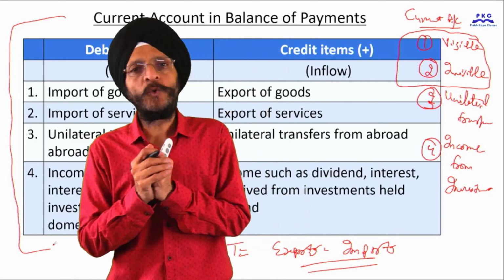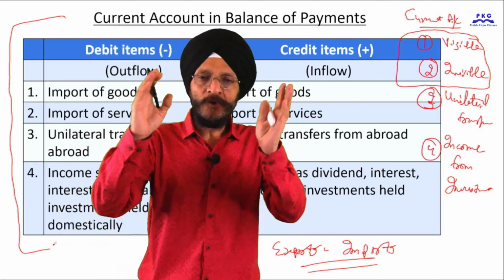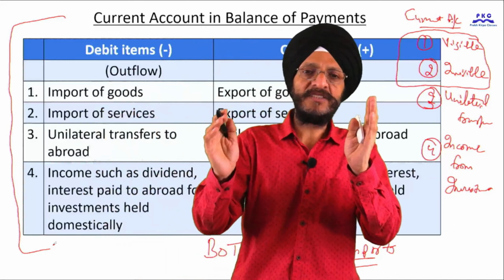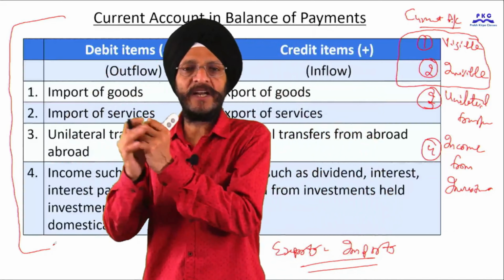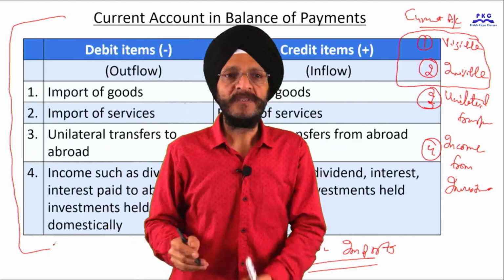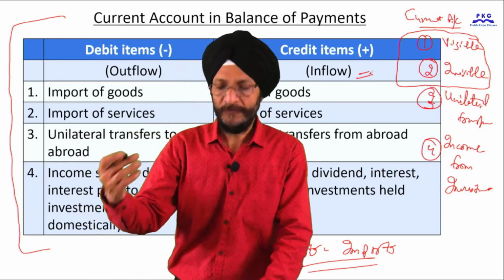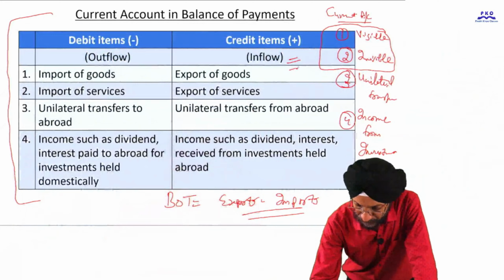As already told earlier, in the case of current account, we record transactions on the debit side and on the credit side. All the transactions because of which there is inflow of foreign exchange are recorded on the credit side.